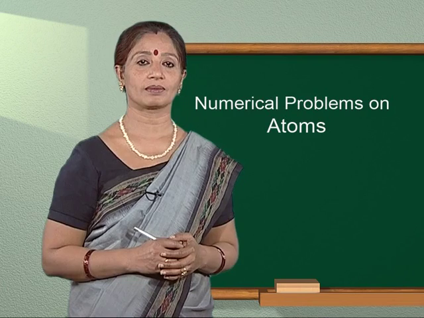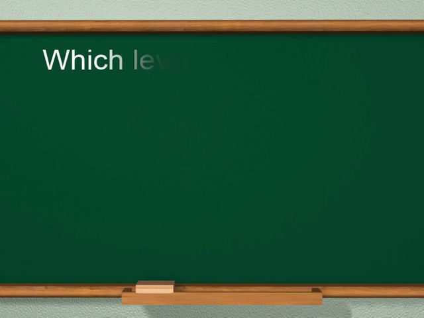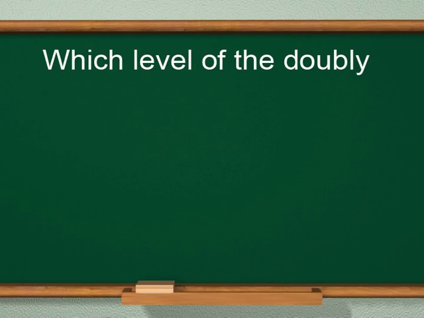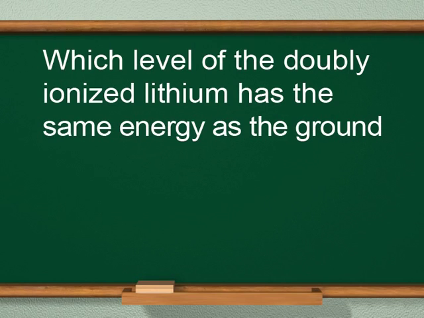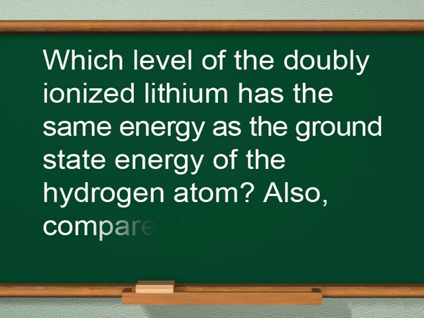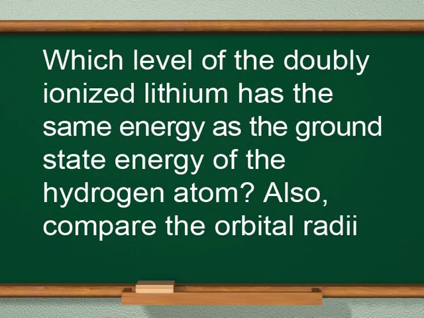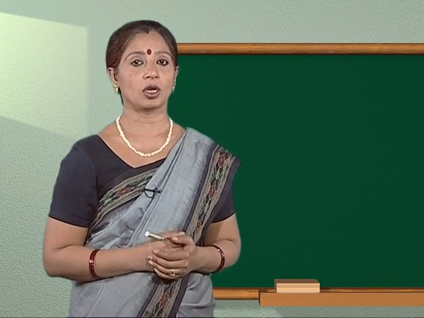In our next problem, you have to tell me which level of the doubly ionized lithium has the same energy as the ground state energy of the hydrogen atom. Also, compare the orbital radii of the two levels. We know that the total energy of electron in nth orbit, En, is proportional to Z square by n square.